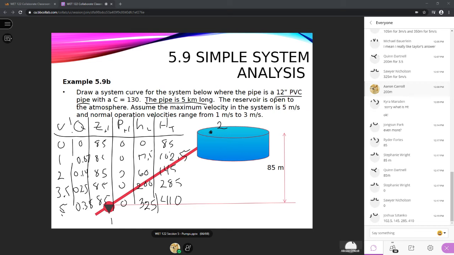So you're going to go through and graph these just like we did in the previous example and create a system curve.